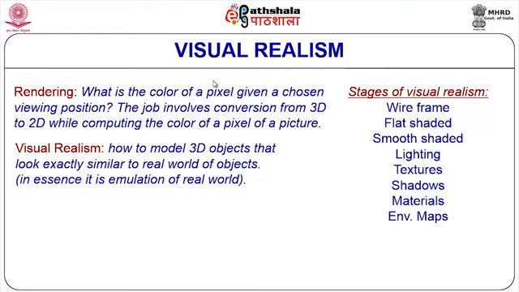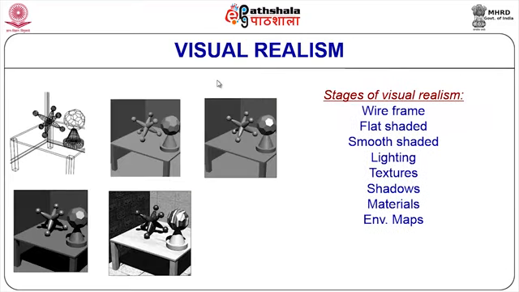So, visual realism is how to model 3D objects that look exactly similar to real world objects. In essence, it is a simulation of the real world. Let us see how the objects are rendered. You can see here on the screen a wireframe model. Then we apply some shading, which we call flat shading.